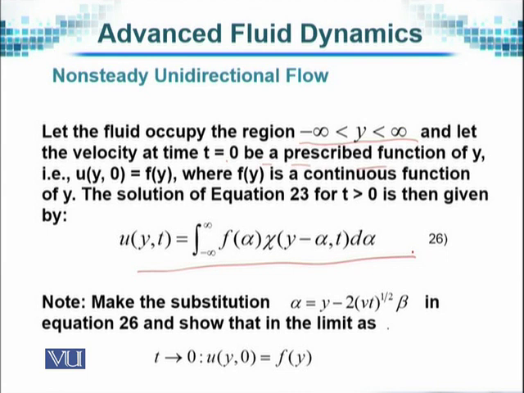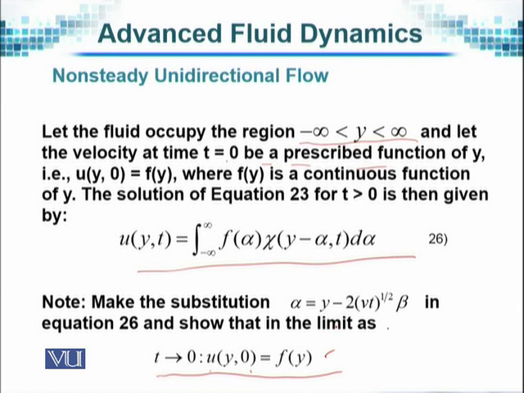And again, of course, with a little algebra and manipulation, we put the limit that t tends to 0. If t tends to 0, then u, the velocity component, becomes equal to this function that we have defined, f of y, in this limit.